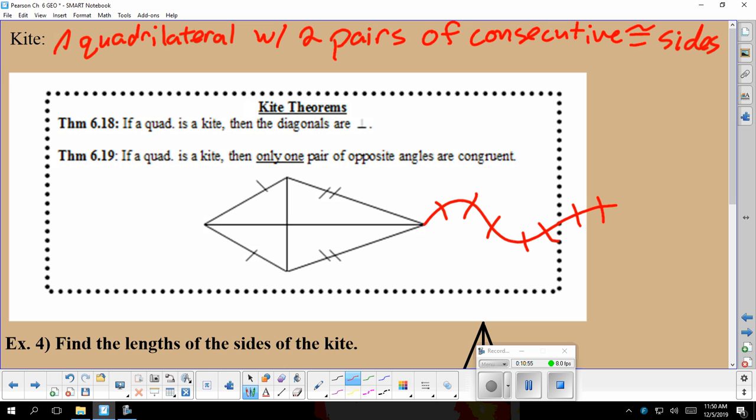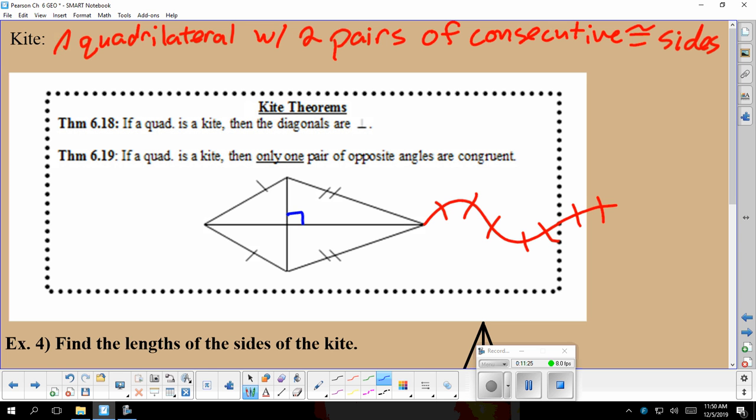If a quadrilateral is a kite, then the diagonals are perpendicular. Another property that's similar to squares and rhombuses. So, one of the properties, diagonals are perpendicular. Making these what type of triangles? Right triangles. And then we have two pairs of congruent right triangles in there.